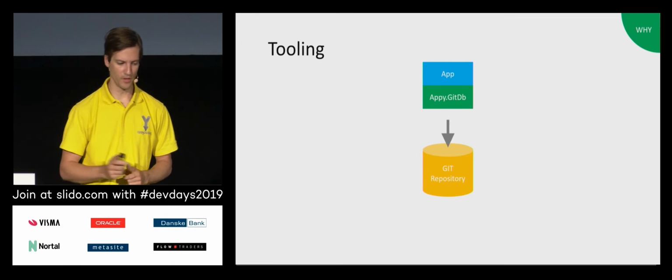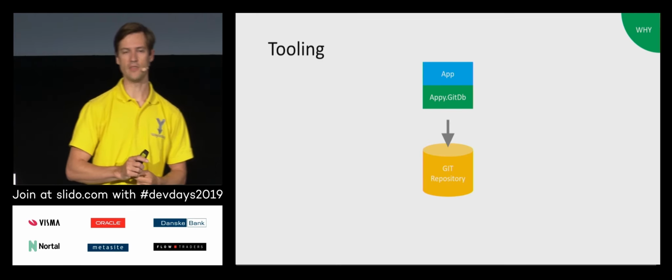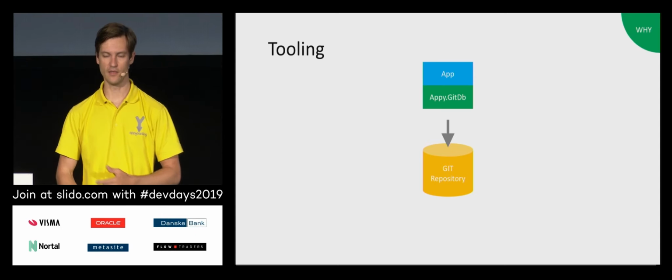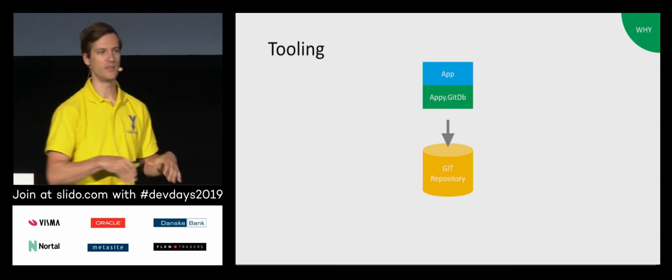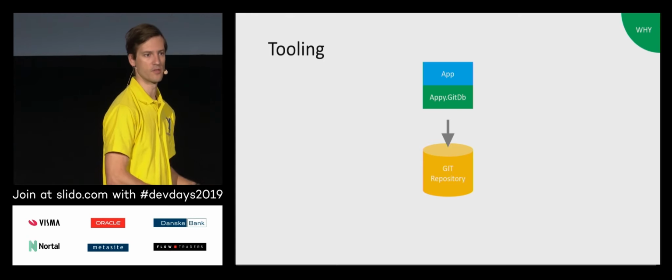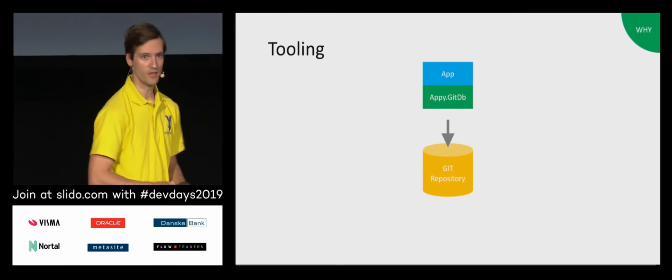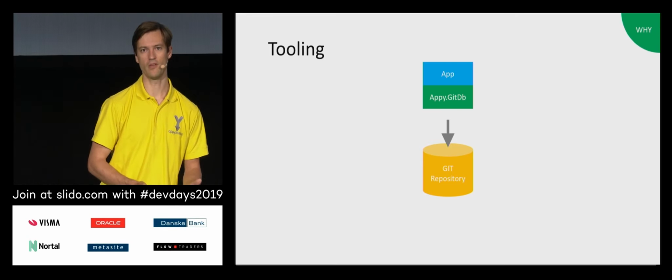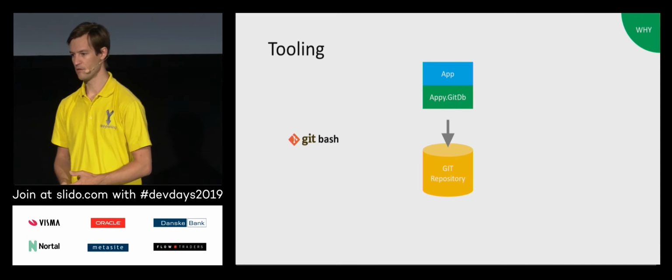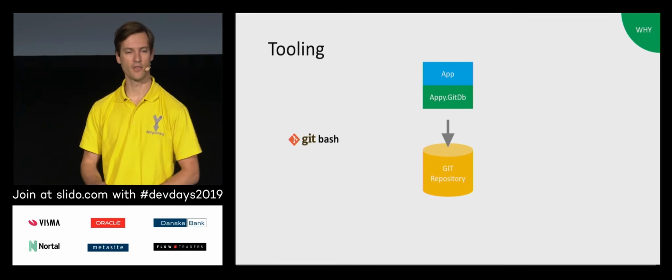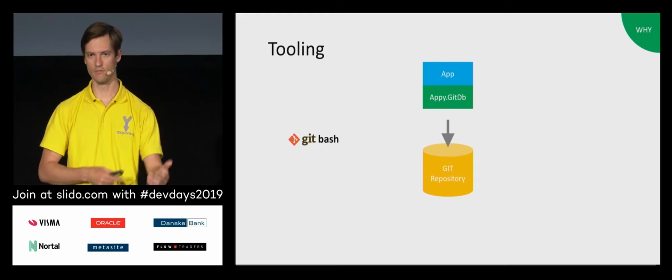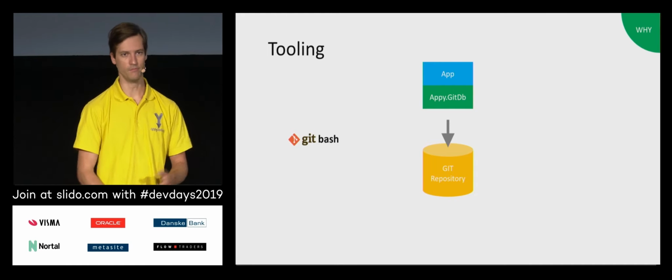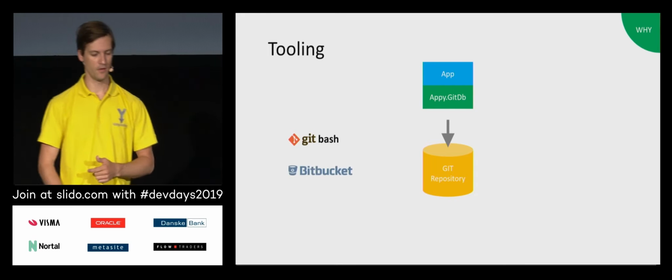And then we have tooling. If your app is using GitDB, Git as a database, underneath it's still just a Git repository, which means that you can use any Git tool that's out there to access it. You could use Git bash to interrogate your data, to navigate through it, to do all the diffs, bisect, whatever you want.